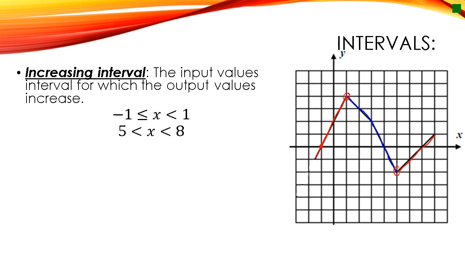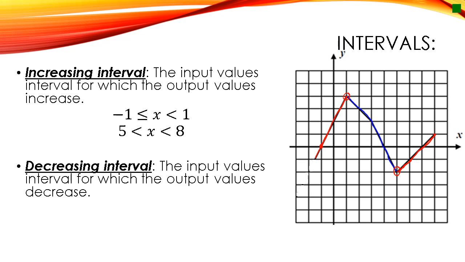Again, I'm not supposed to include the x value of the minimum. So this interval is going to include every single x greater than 5 and less than 8, not including 8 or 5.